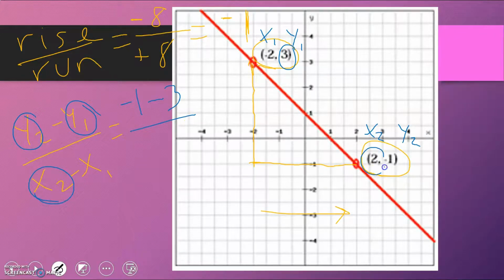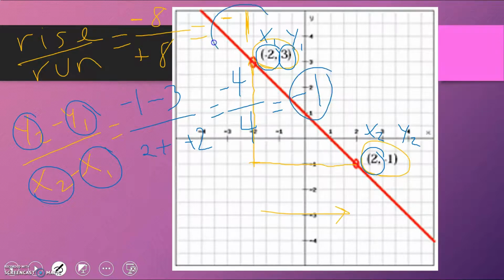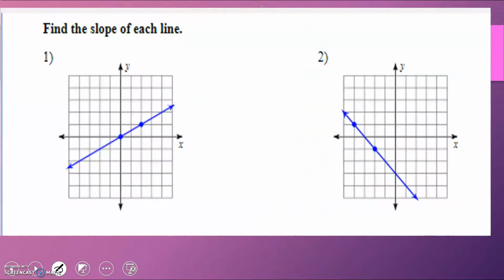So our x2 value was 2 minus our x1 value, and our x1 value was -2. All right, so we're going to have a -1 minus 3, so that's going to give us a -4, divided by, well, a 2 take away a -2, the 2 minus signs turn into a positive, so technically you have +4 on bottom. That's going to give you -1. So both give you the exact same answer.